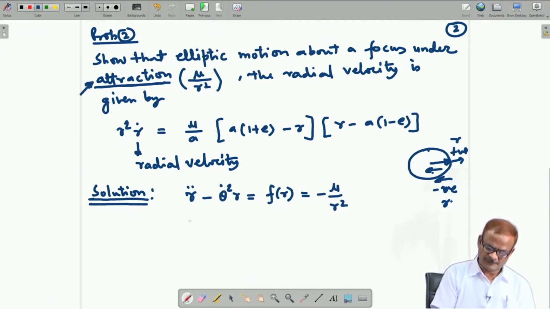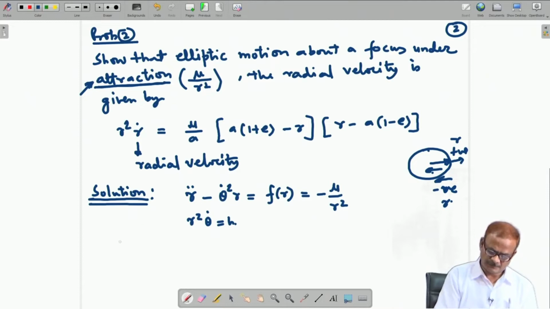And another equation we have: r square theta dot equals h. So, we insert it in the upper equation.